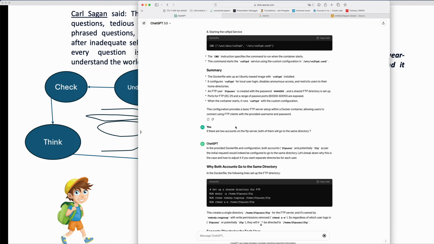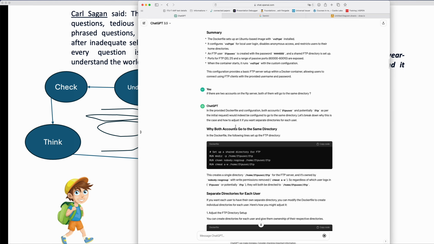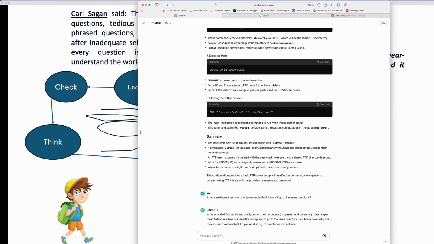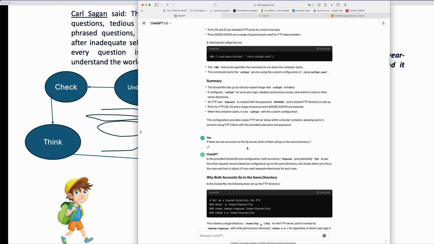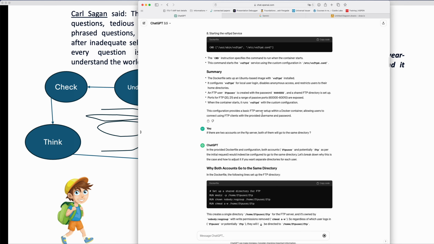Okay, let's imagine I did this. But here there is something additional that attracted my attention: I have different FTP server accounts, but all of them are connected to the same directory. My curiosity pushed me to ask: is it normal to send every FTP user to the same directory?